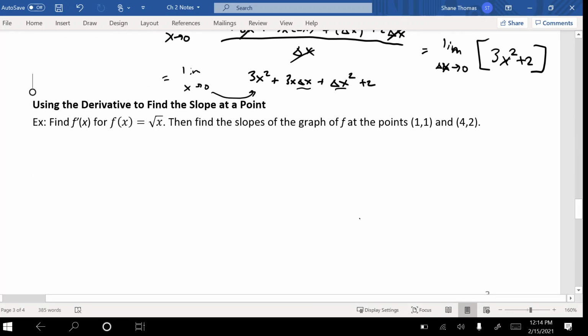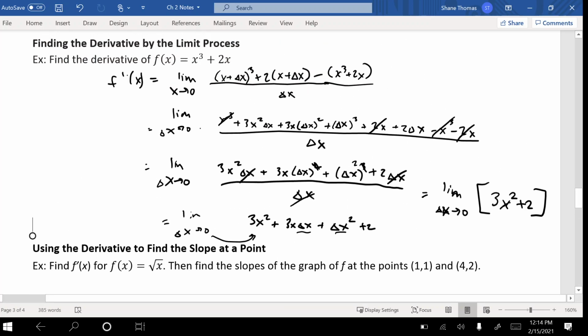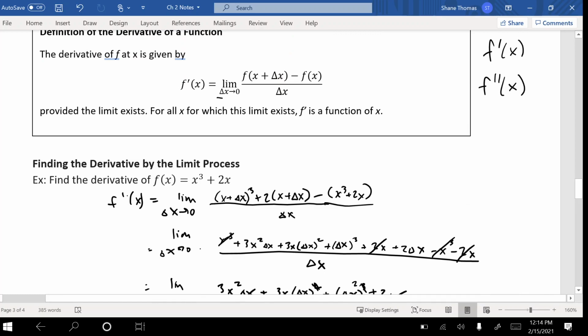So say that x, the 0, say that was like a 1 or a 2, and you plug it in for the delta x. You could do it anytime, essentially by limits. That should all be delta x. But the rule of this is always going to be delta x approaches 0.